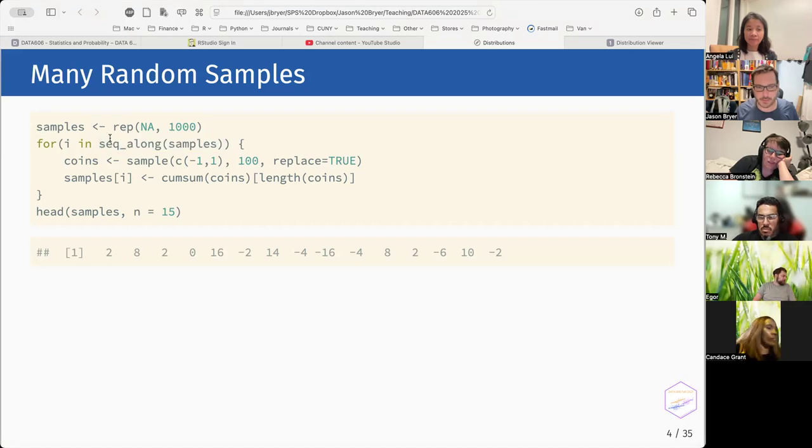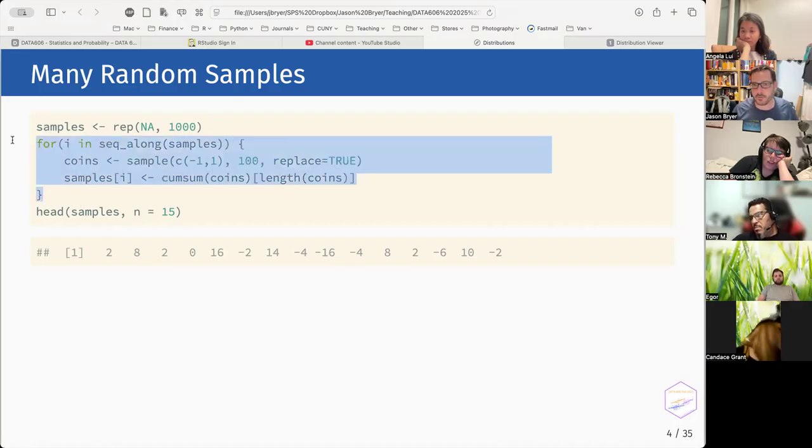On the first pass, it sets i equal to 1 and runs everything in the curly braces, and so on. If I concatenated a vector as I built it up, which is what I might do in Java or C when expanding an array, that would be fine. But here, because I'm initializing it and just setting each element, R is not going to allocate new things. So this is actually pretty fast.